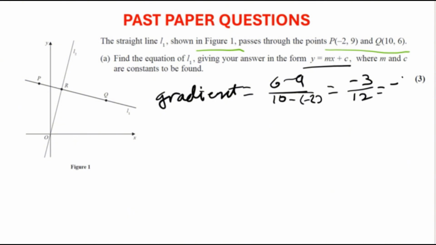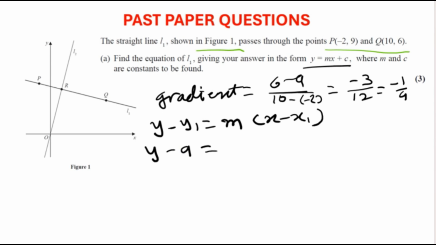That will give you minus 1 over 4. Right? Now use the equation of line. y minus y1 is equal to m into x minus x1. Now as y1 and x1 you can use any one of the coordinates. Okay. So y minus 9 is equal to minus 1 over 4 into x minus minus 2.